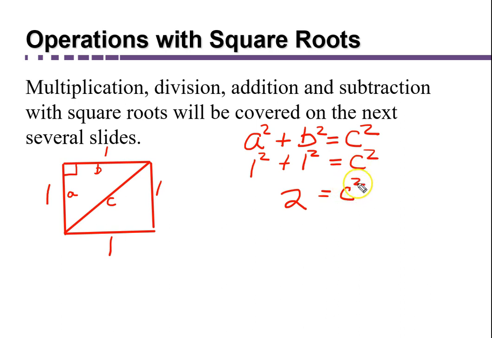Now to find c by itself, we take the square root of this side, and that is c, and the square root of this side, and that is the square root of 2. So the diagonal of any square is the square root of 2. So this is the background of our closest thing that we're going to do to a proof of what the square root of 2 is.